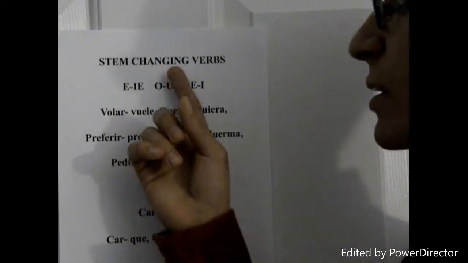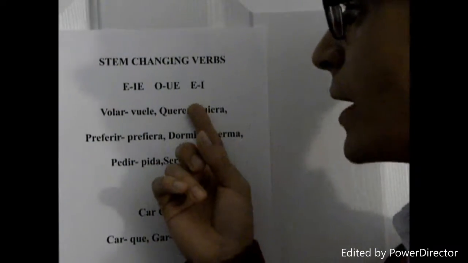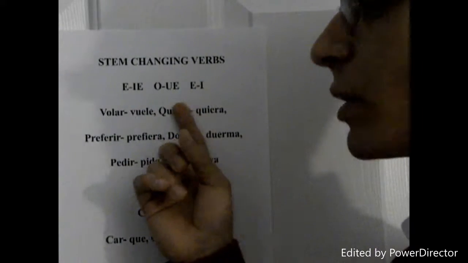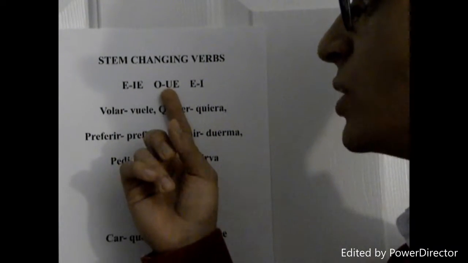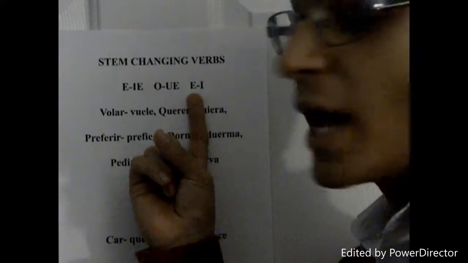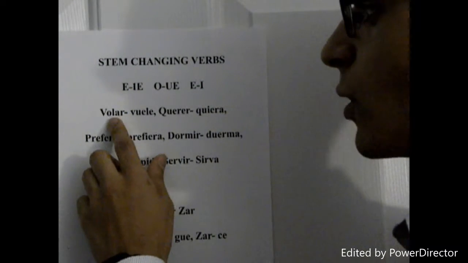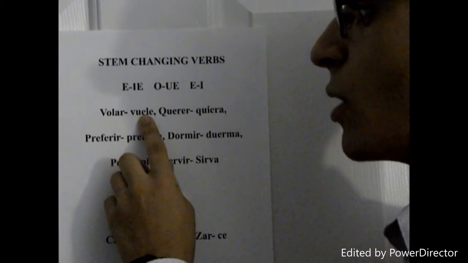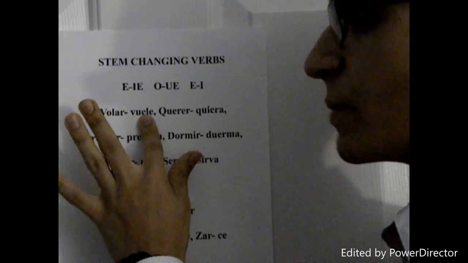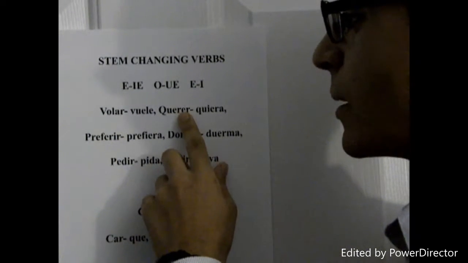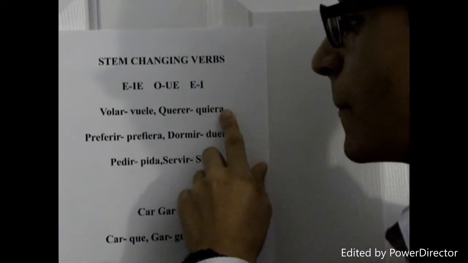So here we have the stem changing verbs. Now our stem changing verbs typically go from E to IE, O to UE, and E to I. Some examples of these verbs would be volar, being conjugated to vuele, or querer, being conjugated to quiera.